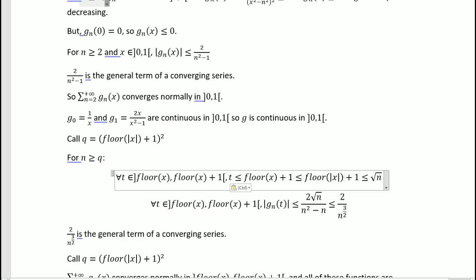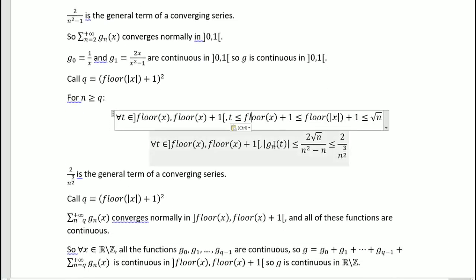And this is less than square root of n due to this here, because the rank is greater than Q. So we get this inequality, and we can get this here by replacing with T.